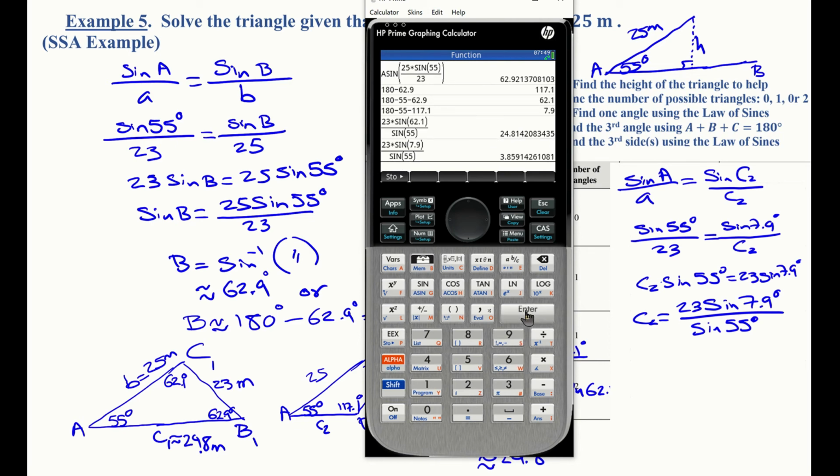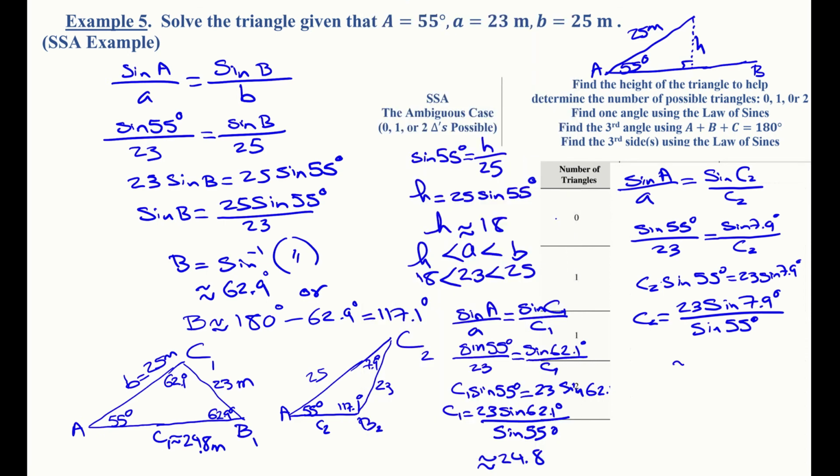And we get 3.9 approximately, which satisfies our thinking, because this triangle here is actually exaggerated. This angle is much more than 7.9 degrees.